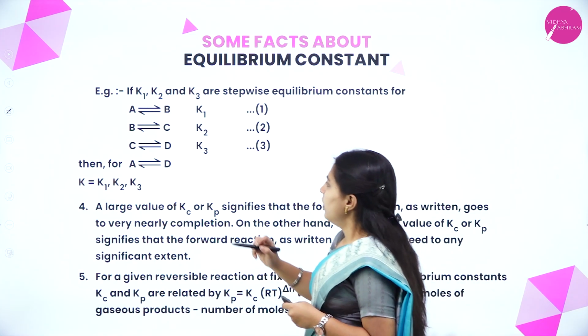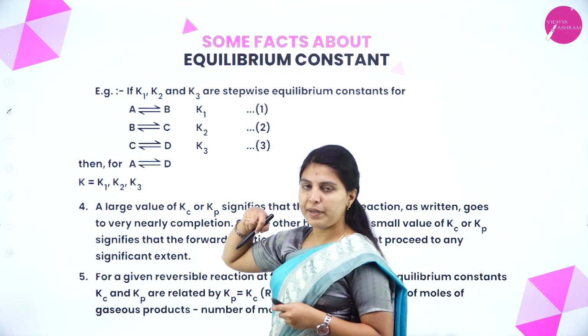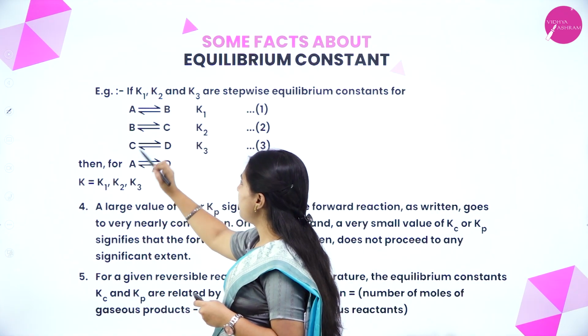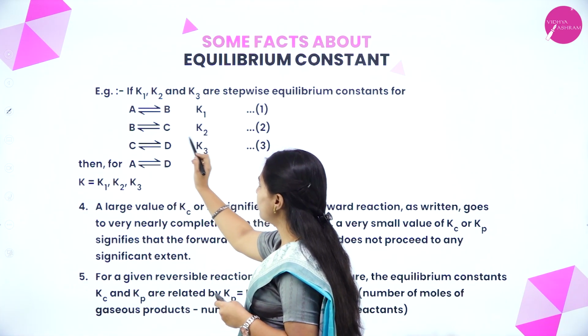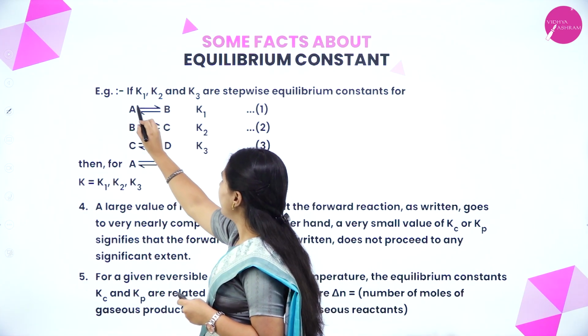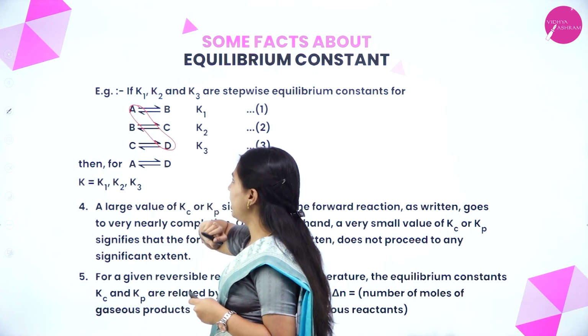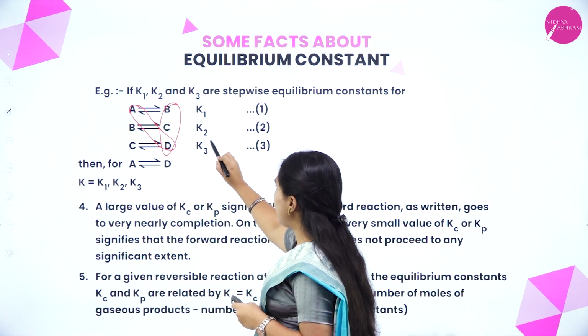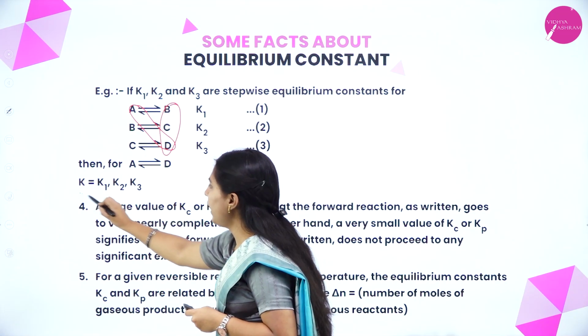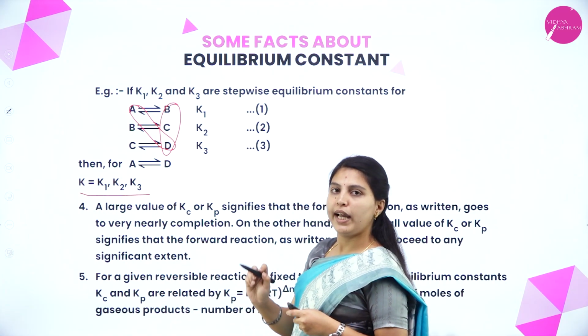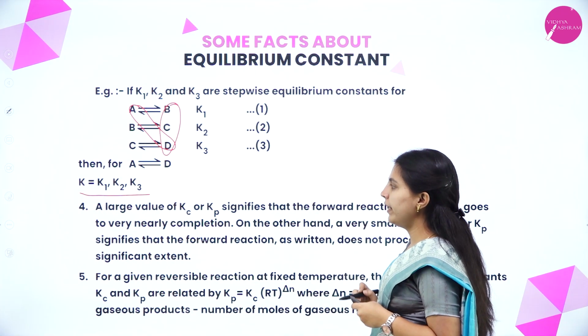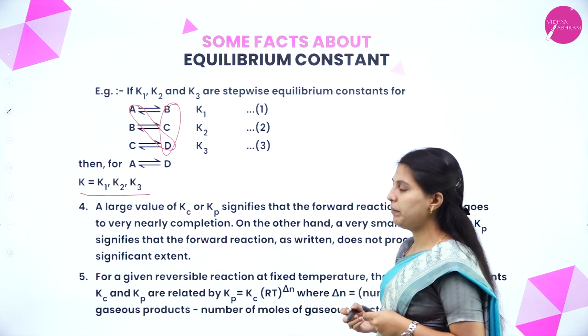See here, this is a 3-step reaction, meaning A gives B, B gives C, C gives D. At the end, A will give D, right? So with K1, K2, K3, the overall K will be K1 times K2 times K3, that is the net equilibrium constant.